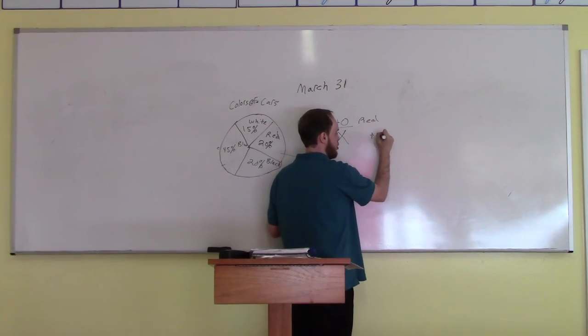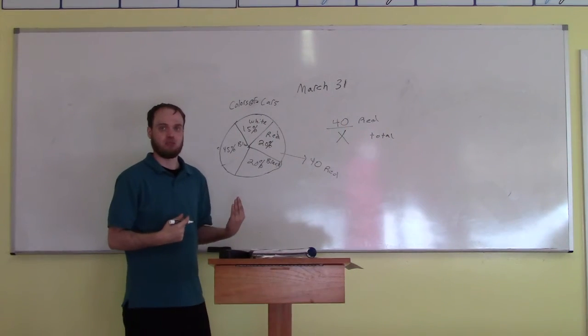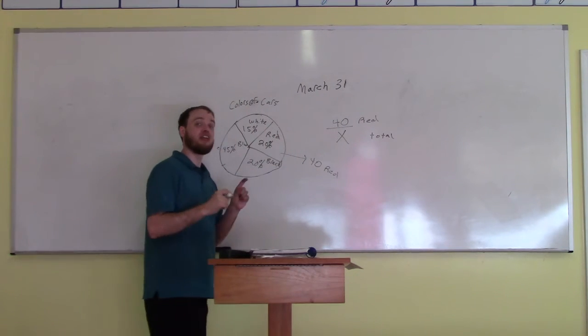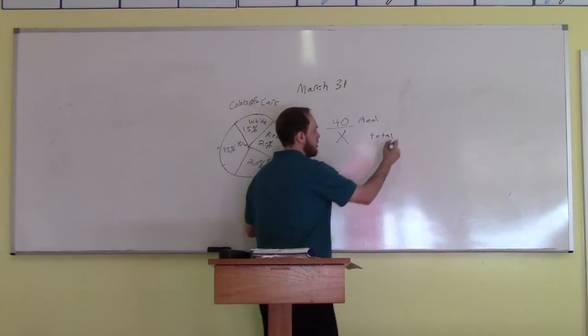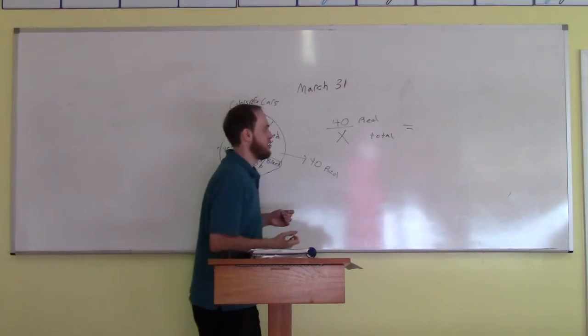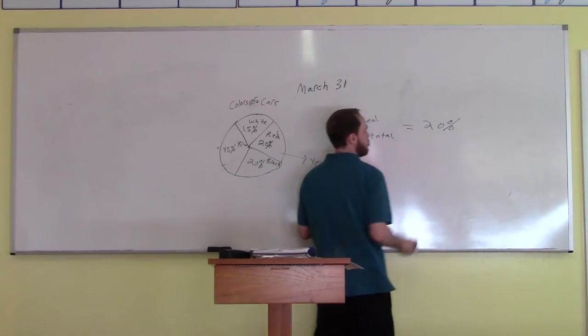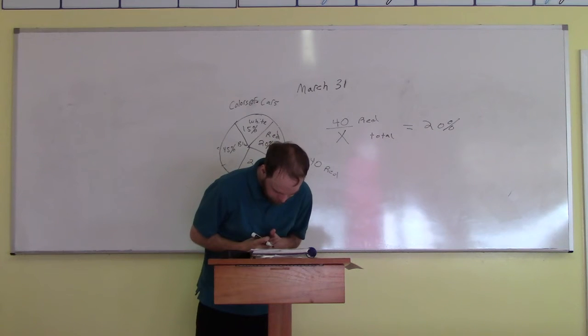We know 40 are red, X is what we don't know, the total. But we know what that division should equal: the 20%. And then we just have to solve for X.